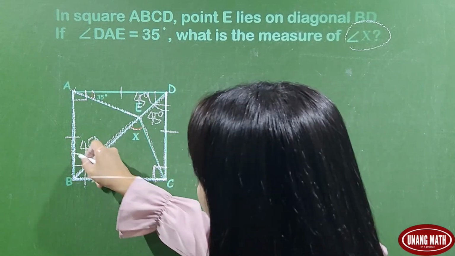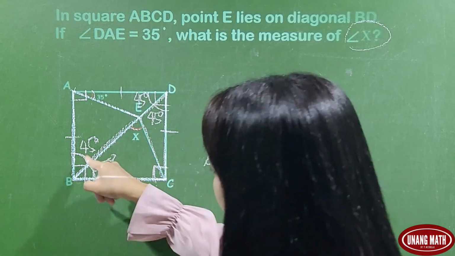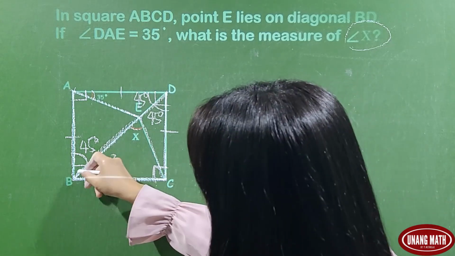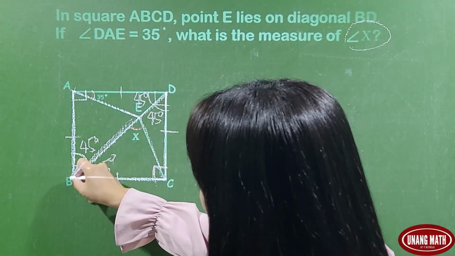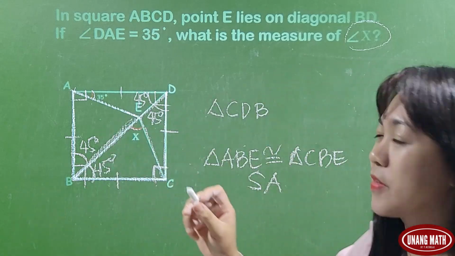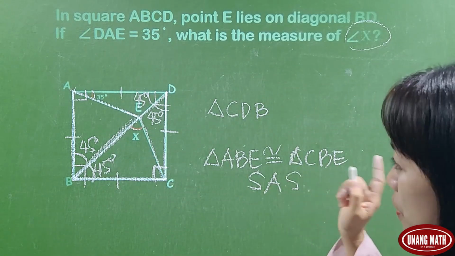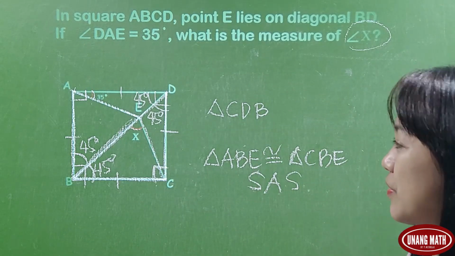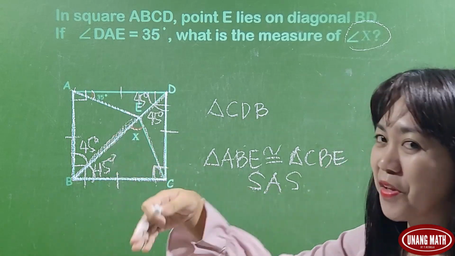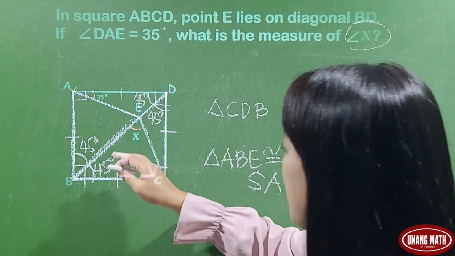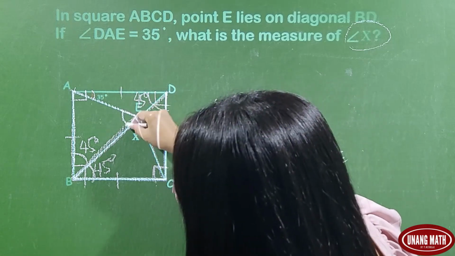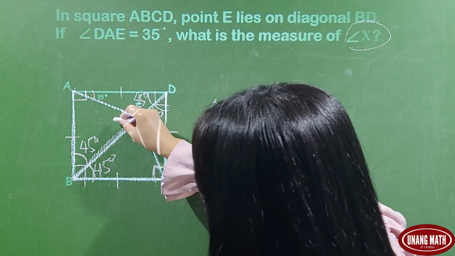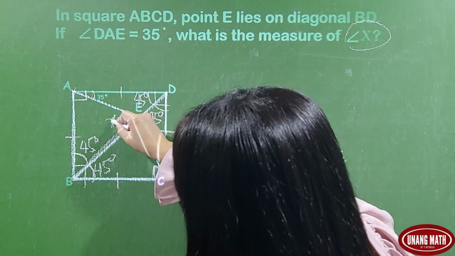This is 45 degrees, and this is 45 degrees, corresponding angles. And we have this side here, the common side. So, SAS congruent. These two triangles are congruent triangles. That means corresponding angles and corresponding sides are equal in measure and length. So this angle corresponds to this angle. So this is also angle X.